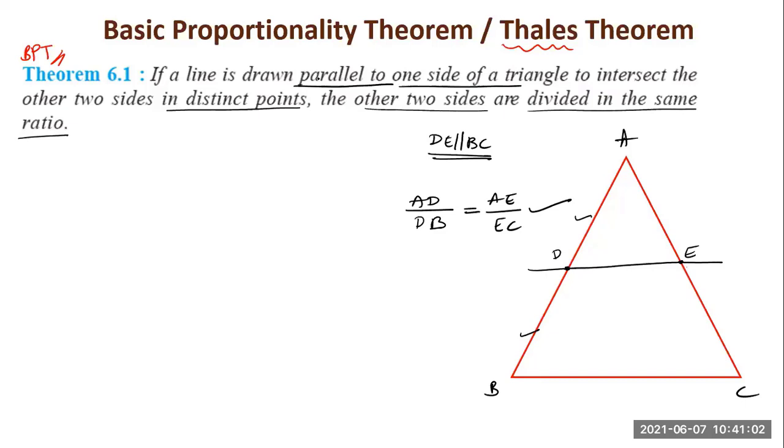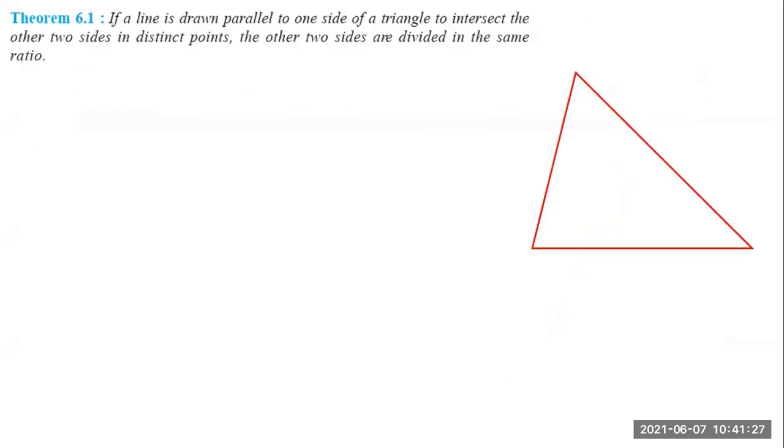This is the basic proportionality theorem. If DE is parallel to BC, then AD by DB is equal to AE by EC. So this we need to prove. We'll do the proof now.